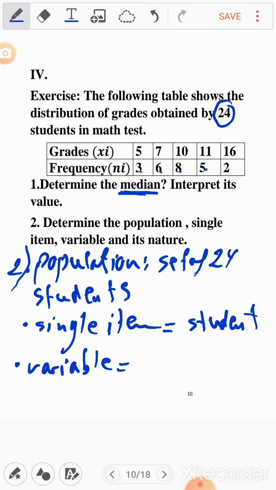We ask ourselves, what are the values we are talking about? They are the grades. What is the characteristic under study? The characteristic under study is the grade of each student.